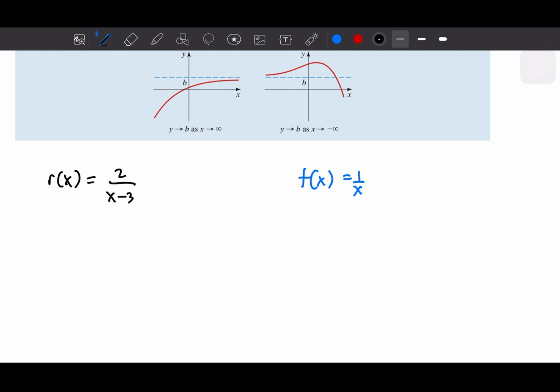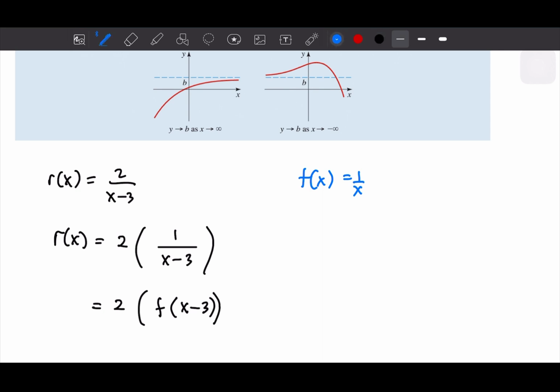Now we could write this as R of x. We try to factor 2 and see what we get. We have this, and this is actually a function of x minus 3 of our f of x, right?